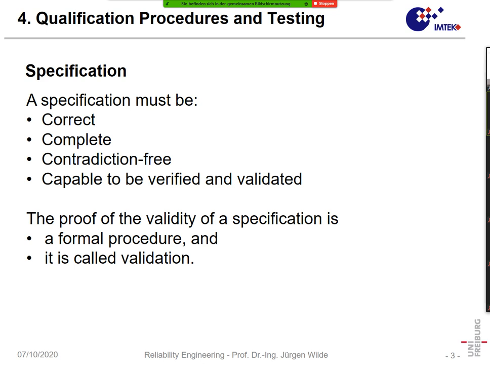So you cannot specify something which is wrong, and also it must be complete. So there are requirements, the customer has requirements, the authorities have requirements, and that's the reason why a specification must be complete. Yeah? You cannot forget something.